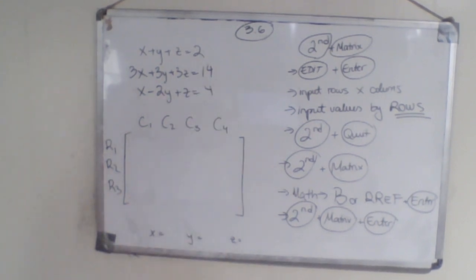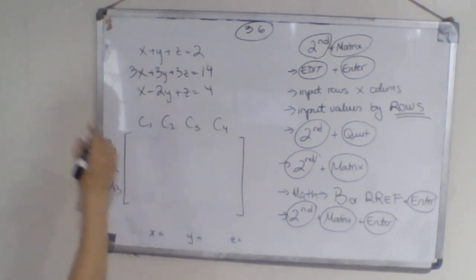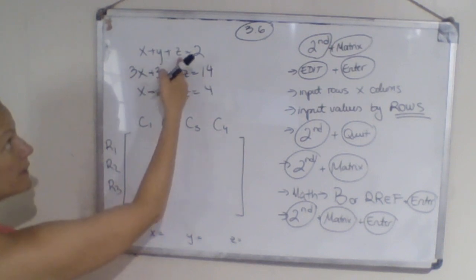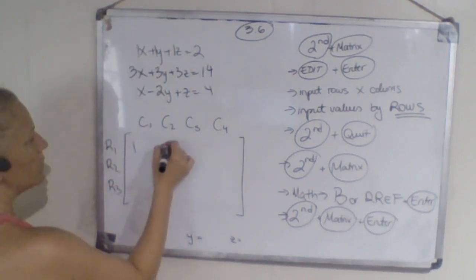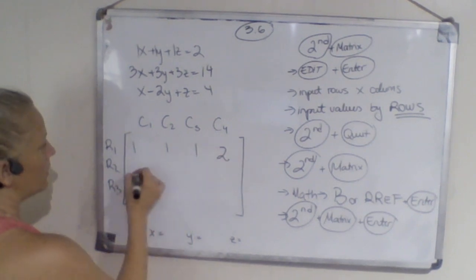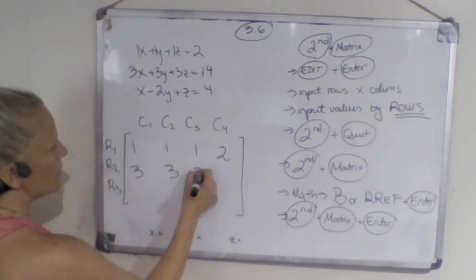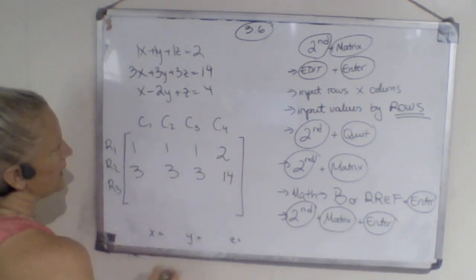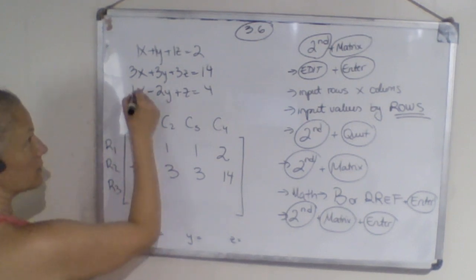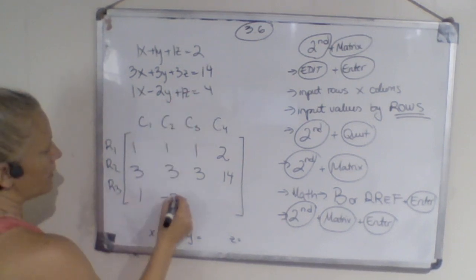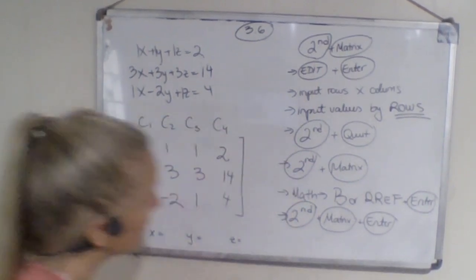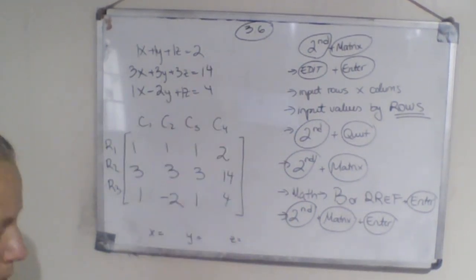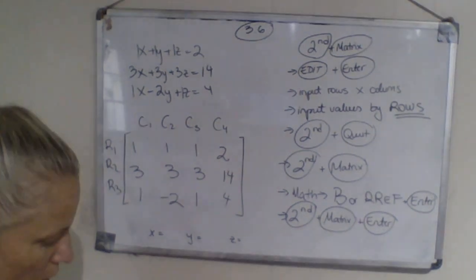Okay, we got this. We're going to go through the steps. Here goes my first row. Remember, these don't have coefficients. Put a 1 in front of them. This becomes 1, 1, 1, 2, 3, 3, 3, 14, 1, -2, 1, 4. We're going to go back into our steps. We're going to go second matrix over to edit.